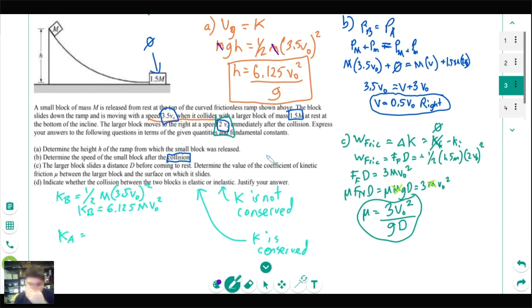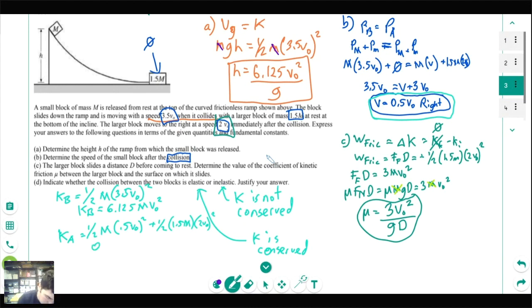Okay. Afterwards, we now have two objects we're concerned about. The big block, the 1.5 m, and the little block, which still has some velocity going on afterwards, so it has kinetic energy as well. So this will be 1/2 small block m times 0.5 v naught squared plus 1/2 1.5 m big block times 2 v naught squared. So let's see. A half squared's a quarter, half of a quarter's an eighth. What's an eighth as a decimal?